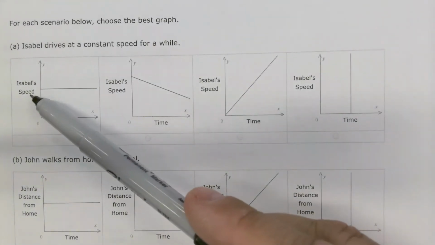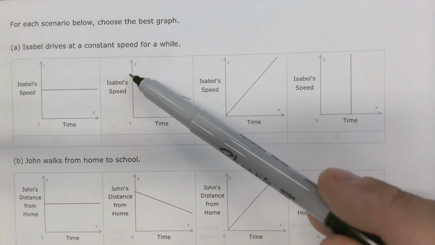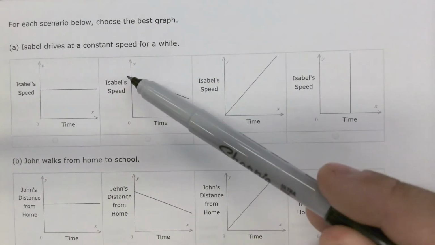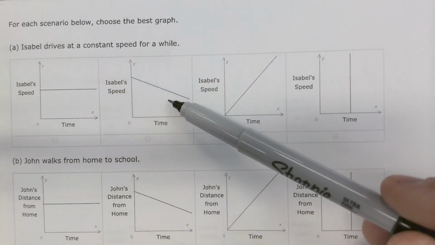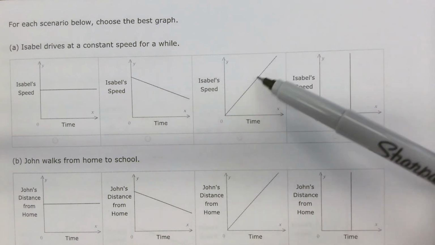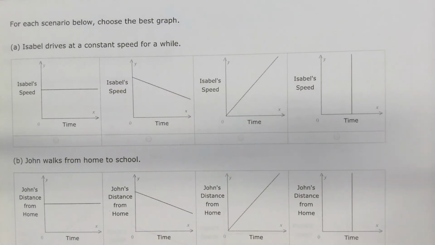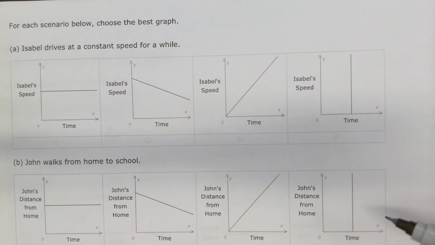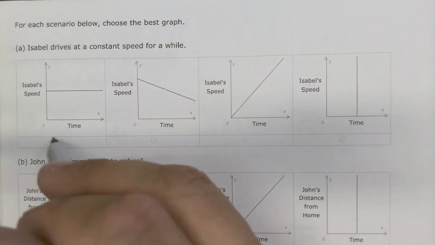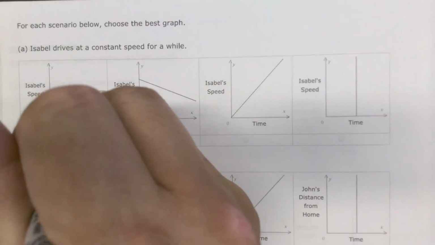Isabel's speed is a flat line. Which one would this be? Is her speed decreasing? This one's increasing. This one's a rocket ship. So what would be the answer to this one? Yeah, the first one, right?